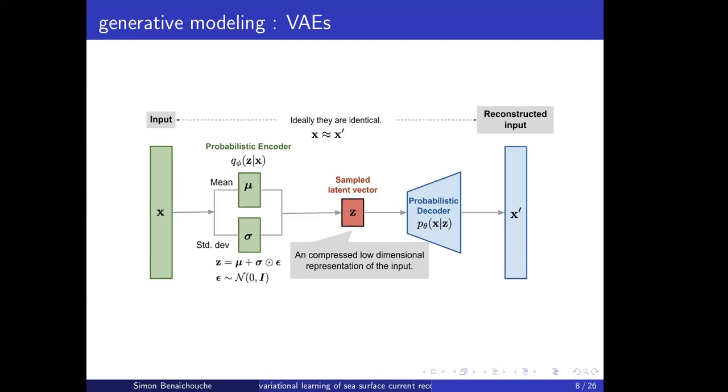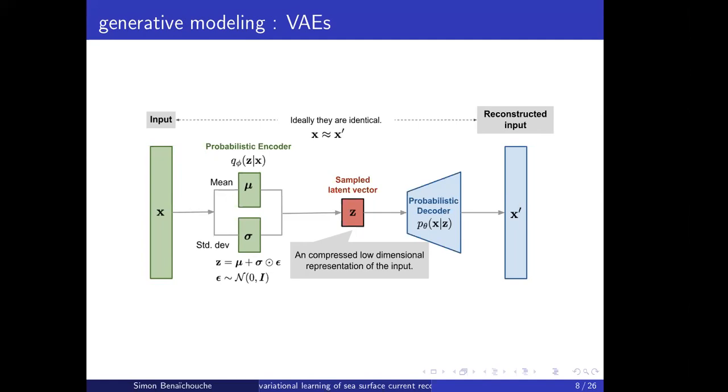You try to project this high-dimensional space into a low-dimensional space and to reconstruct your image. But the difference between a variational autoencoder and a classical autoencoder is that you introduce stochasticity, and you want the distribution on the latent space to follow a certain distribution.